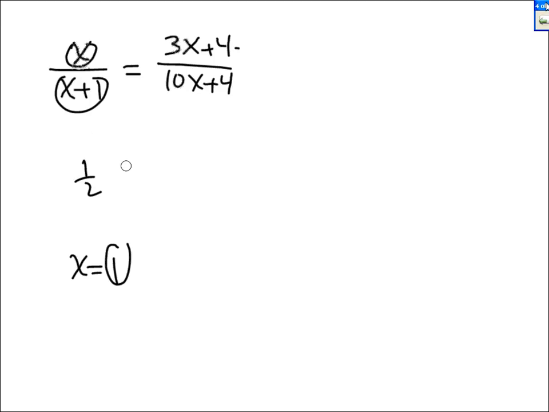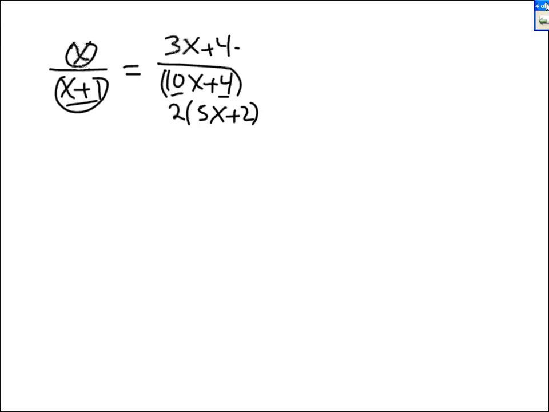And now we're going to solve this problem. The LCM is, well, it should be a drop capital. Possibly after we factor the 10x plus 4, after we factor out the 2, maybe it'll be 2 times x plus 1.